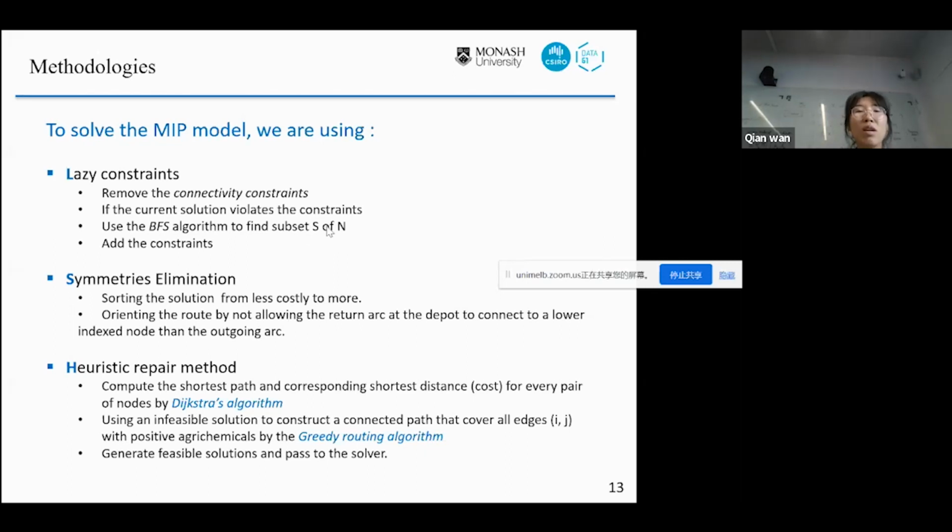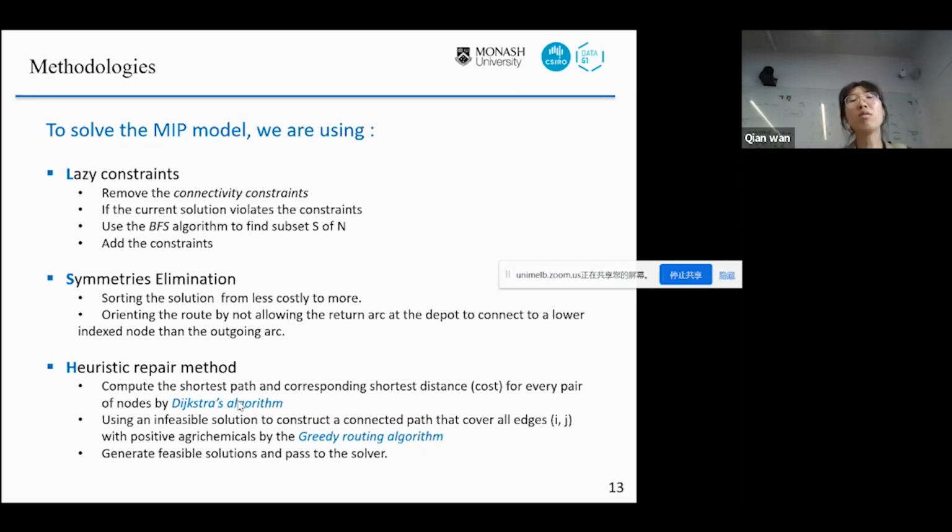So for the heuristic repair method, we have two sets of decision variables. One is xij and the other is yij. yij is always feasible, but xij should be integer. So sometimes it's fractional, or infeasible.